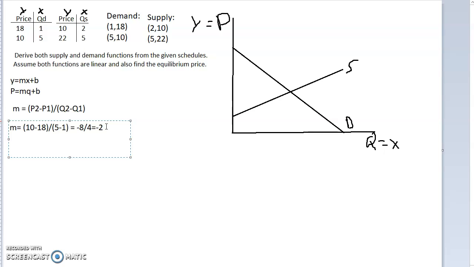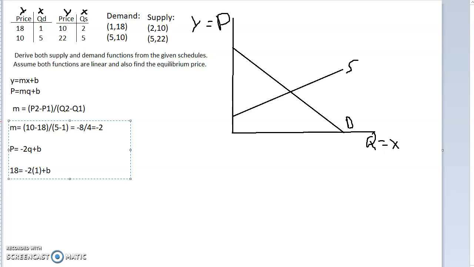Okay. So now that I have negative 2, I know that this is going to look like this. It's m equals negative 2 q plus b. Okay, so now I need to figure out what b is. So I'm just going to take, you can take either one, either price and quantity combination, just plug them in there. So price can be 18 equals negative 2 times 1 plus b.